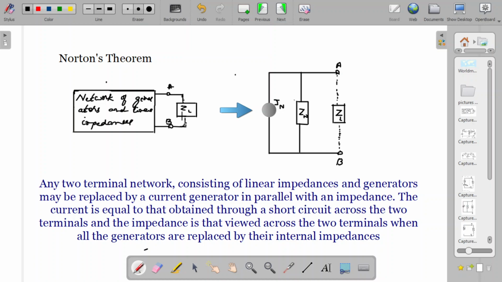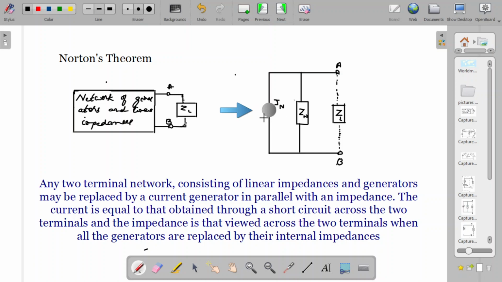Now when we want to find out the current flowing through the load impedance, it may be quite complicated as the circuit is a bit complicated. Then according to Norton's theorem, you can again simplify that. The whole network can be made equivalent to a current generator.